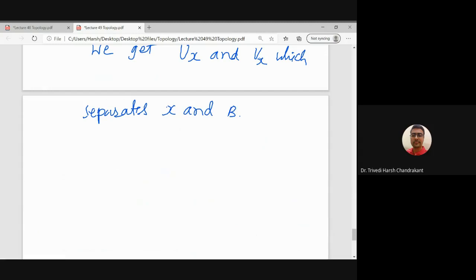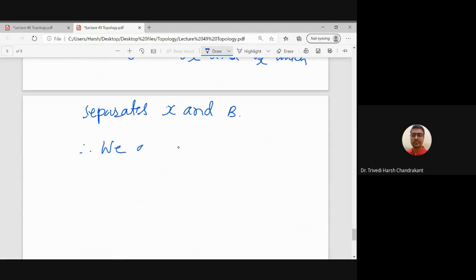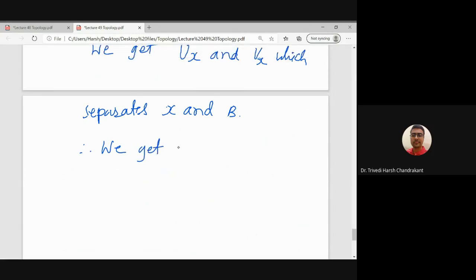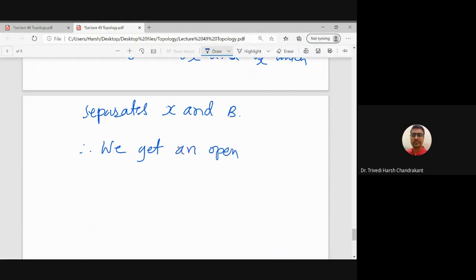So for every x we are getting such a pair U and V, so that x belongs to Ux and B is a subset of Vx. Therefore we get an open cover {Ux : x belongs to A}.